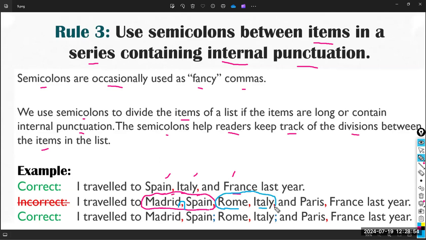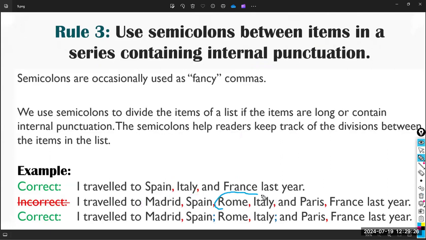Because this is a new category, I cannot use a comma here. This is wrong. Because it is a new category, I have to use a semicolon. Because Rome is in Italy, it's in the same category, I have to separate cities from countries using commas. But if I'm talking about different categories, please be careful because you have to use a semicolon.